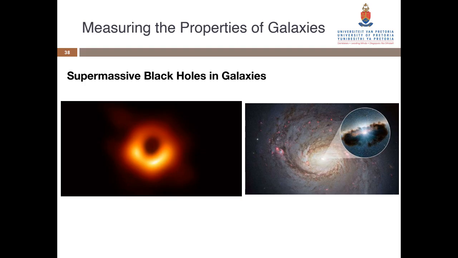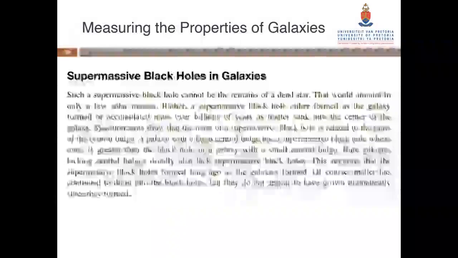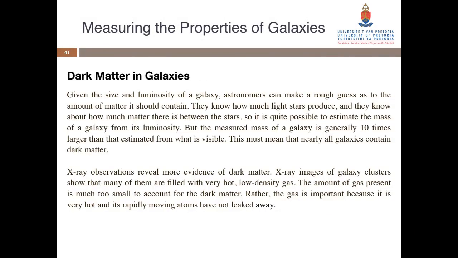So X-ray observations reveal more evidence of dark matter. X-ray images of galaxy clusters show that many of them are filled with very hot, low-density gas. The amount of gas present is much too small to account for the dark matter. Rather, the gas is important because it is very hot and its rapidly moving atoms have not yet leaked away. So evidently, the gas is held in a cluster by a strong gravitational field.